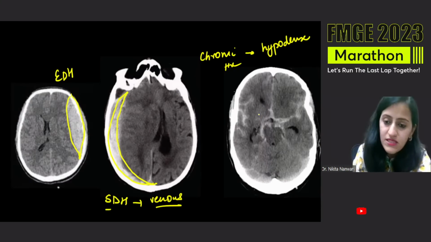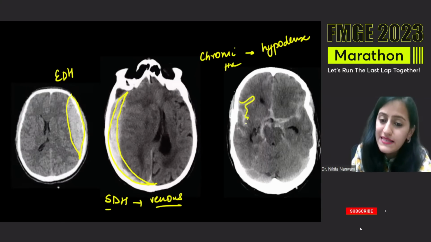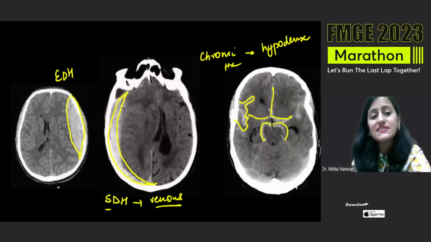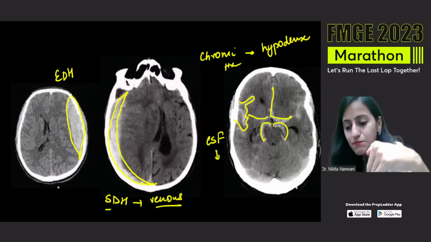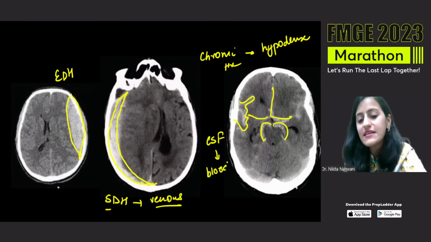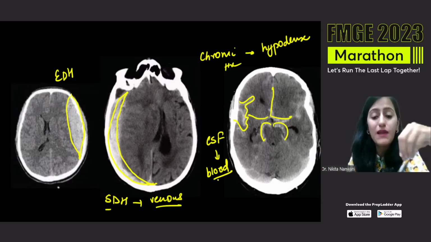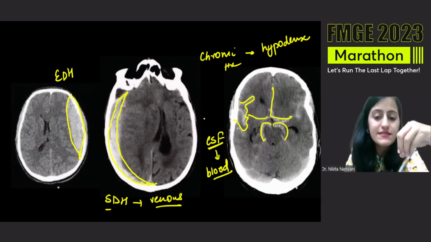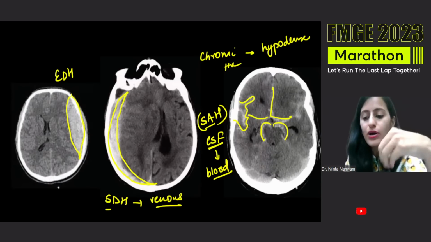This one here, the white in the sylvian fissure, the white in the cisterns, all the cisterns showing the white color. Cisterns and fissures normally should contain CSF. When the CSF is replaced by blood, where is the CSF present? In the subarachnoid space. So that is subarachnoid hemorrhage.